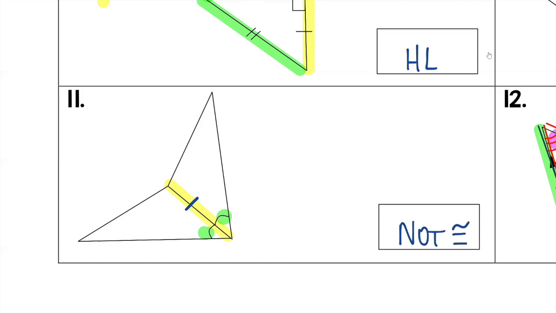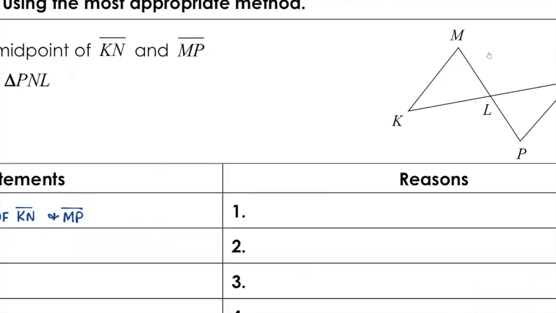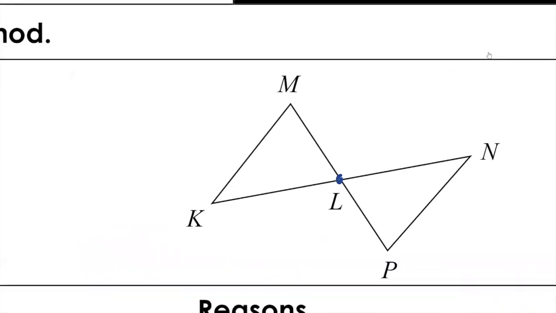So we don't know if it's congruent, not necessarily congruent. So now, instead of figuring out from context clues which theorem we're trying to use, we're going to do what we did on the last page. We're going to see what we've proven and how we can prove our triangles are congruent. It says first, L is the midpoint of KN.